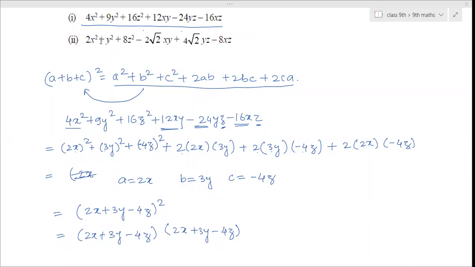No, ma'am, I was present, with a different name. What have we done yesterday? The identities, ma'am, you are showing. And after that, the NCERT book questions.